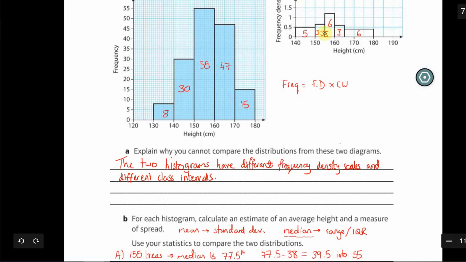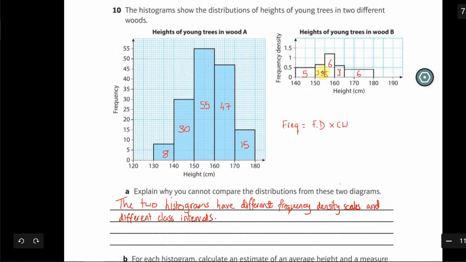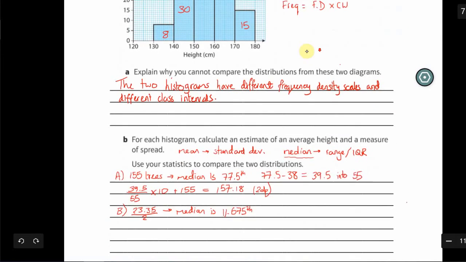Okay, so if I take away 8.35 from that, it gives me 3.325.